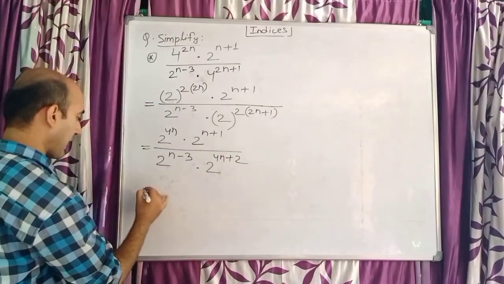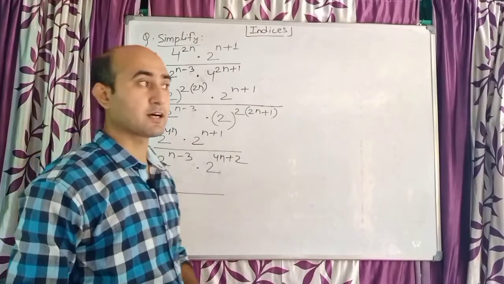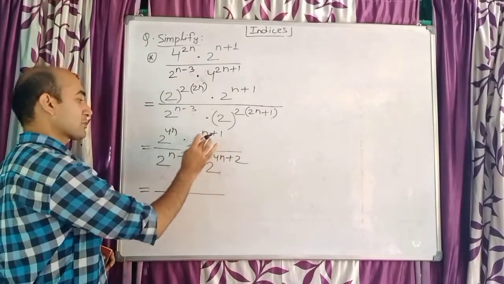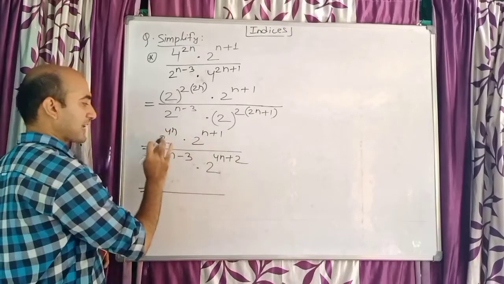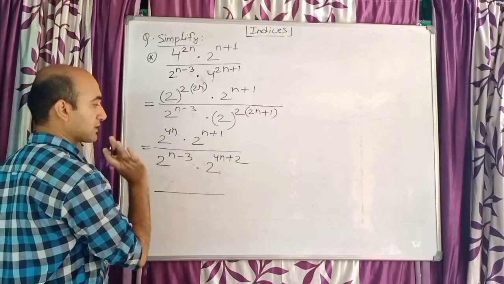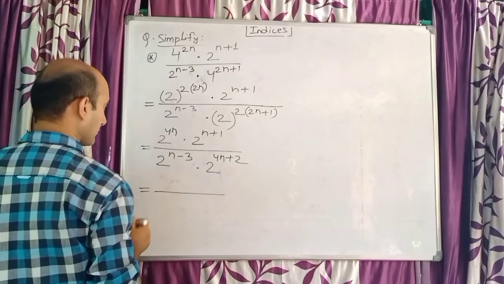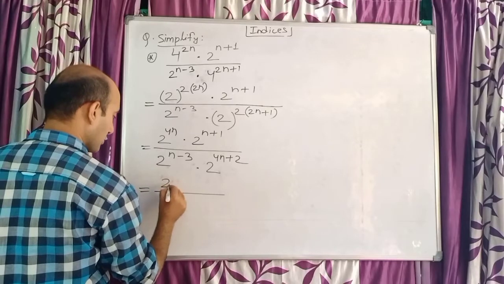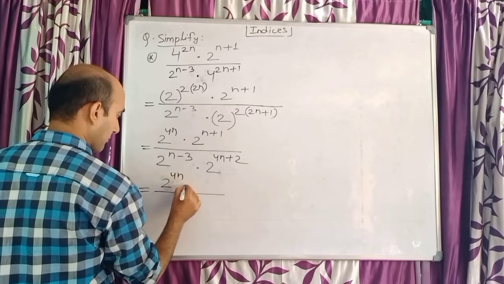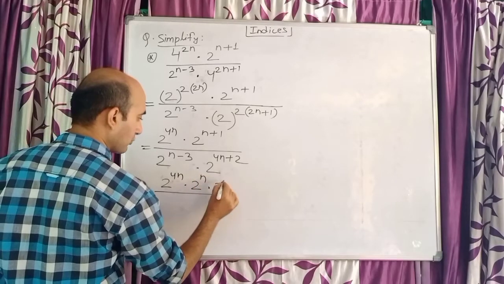So now it's time to split up those parts where the power has either plus or minus in the middle. This cannot be split further, but this can be split further, and this can be split further. So write 2 power 4n same, but here you split up 2 power n dot 2 power 1.